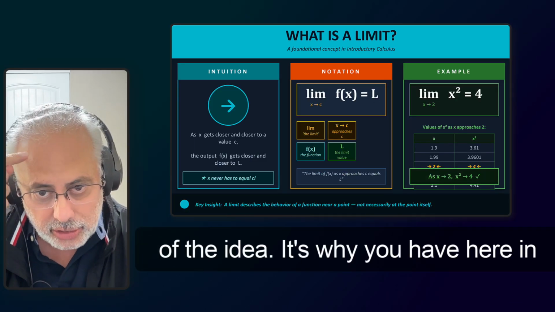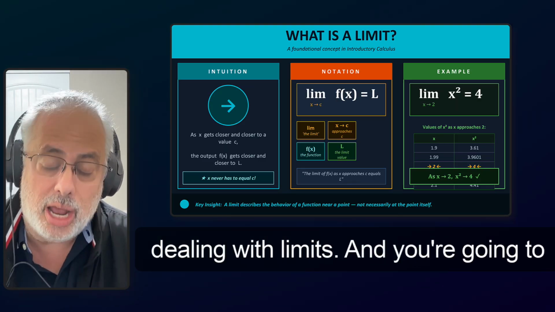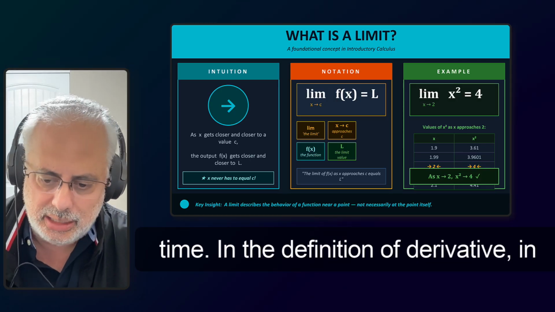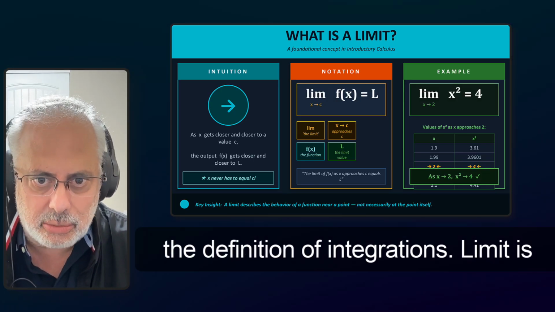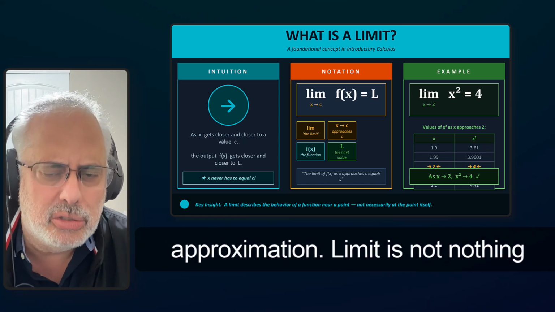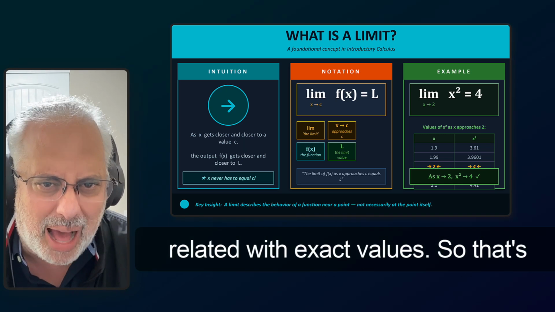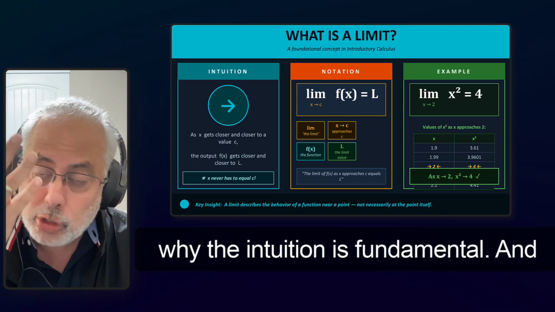It's what you have here in your brain every time that you're dealing with limits, and you're going to be dealing with limits in calculus every time. In the definition of the derivative, in the definition of integration. A limit is an approximation. A limit is nothing related with exact values. So that's why the intuition is fundamental.